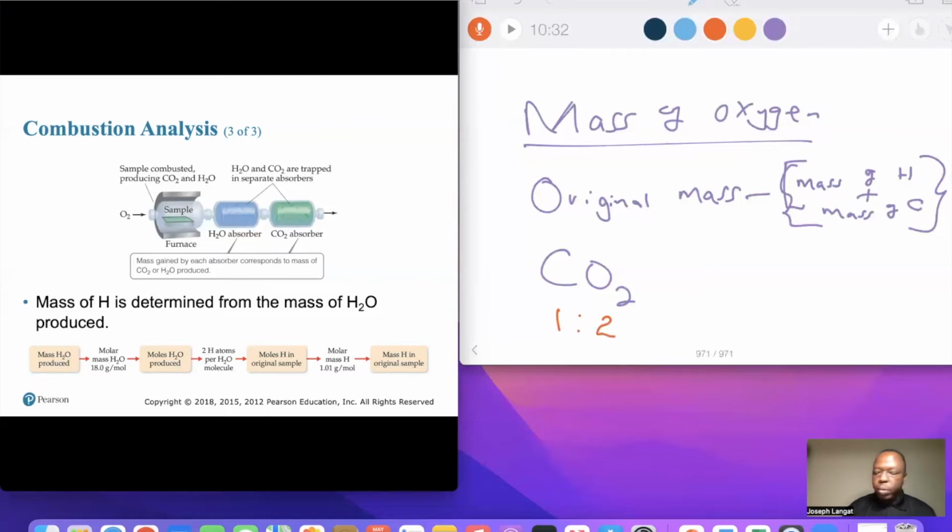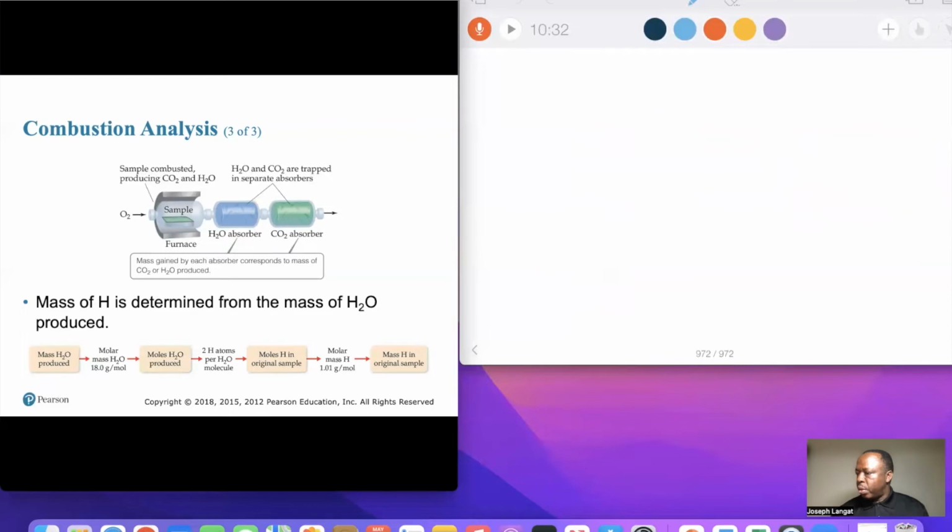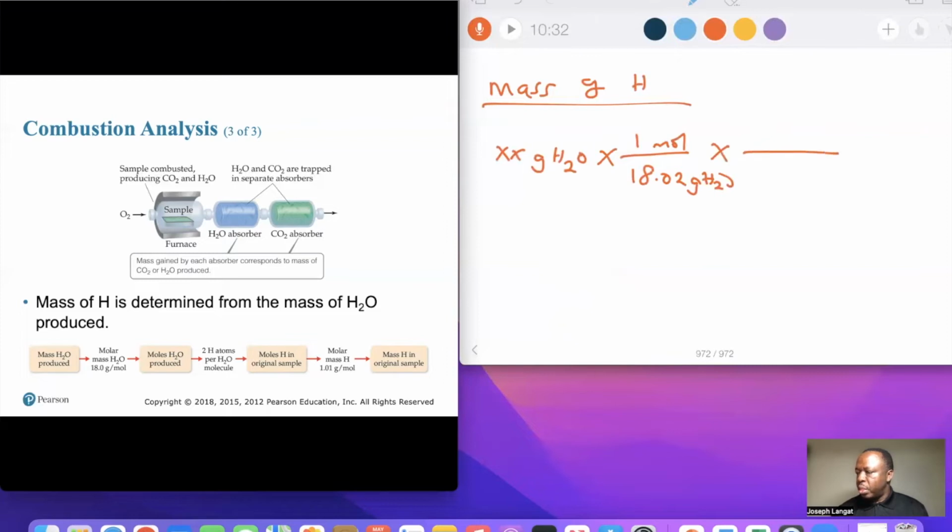If I know the mass of H2O, the mass of hydrogen is going to be x grams of H2O times 1 mole of H2O over the molar mass of H2O. And then here, this is H2O. For every 1 mole of H2O, we have 2 atoms of what?